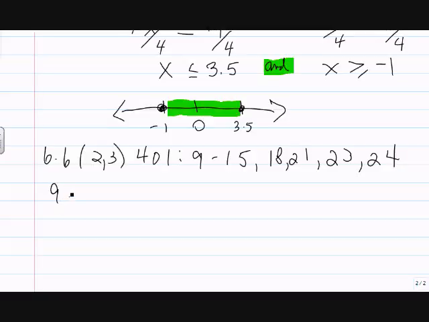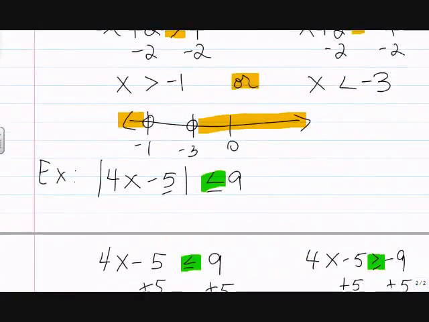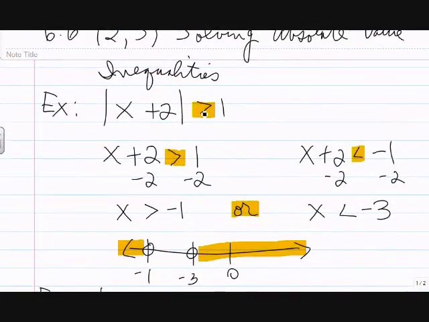All right. First problem we got to do is the absolute value of d plus 4 is greater than or equal to 3. So when we're doing a greater than or equal to, that was the first example we did. We do greater thans or greater than or equal to.